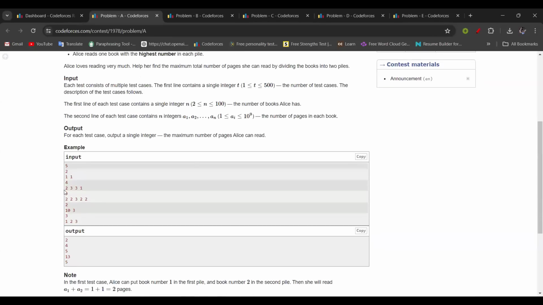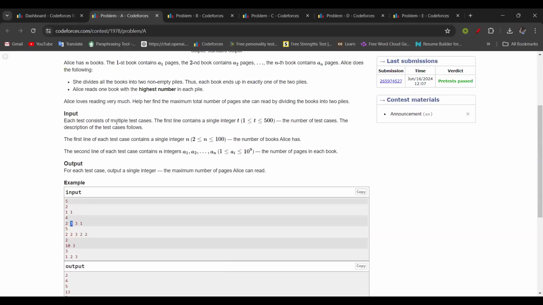If we take this second test case, the 2 means the first book has two pages, the second book has three pages, the third book has three pages, the fourth book has one page. So the first book means the number of the book is one and the number of pages is two. The second book means the number of the book is two and the number of pages is three.